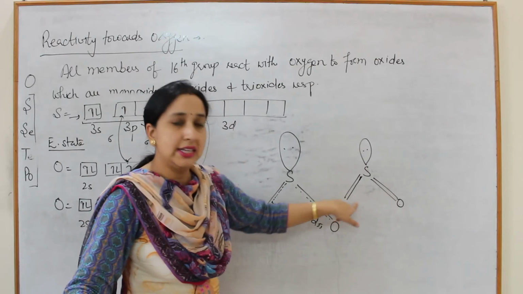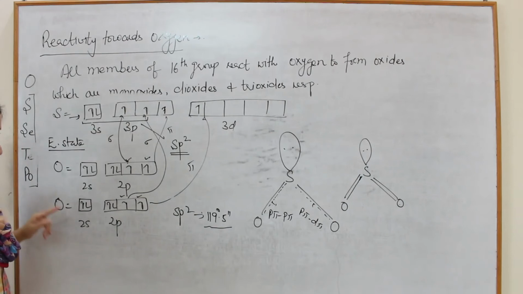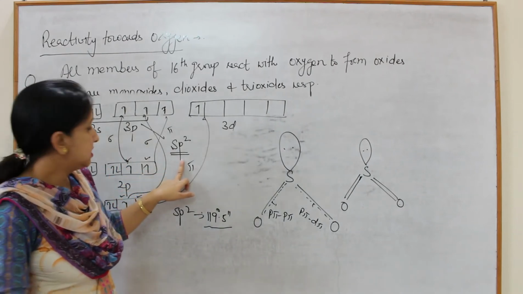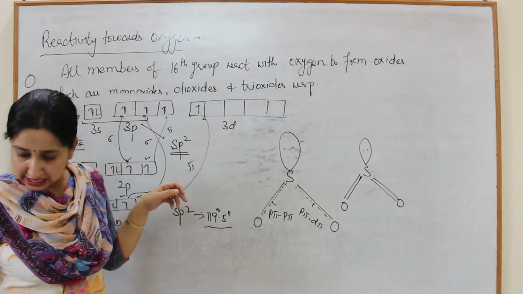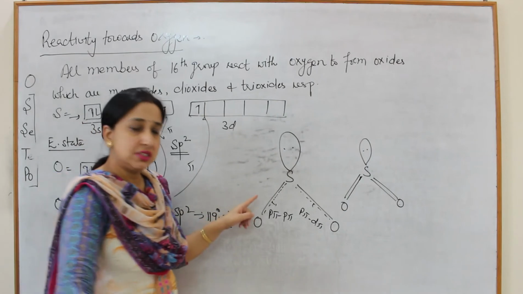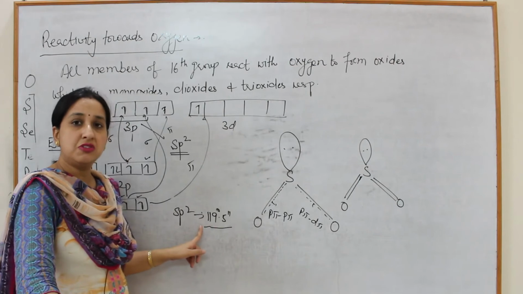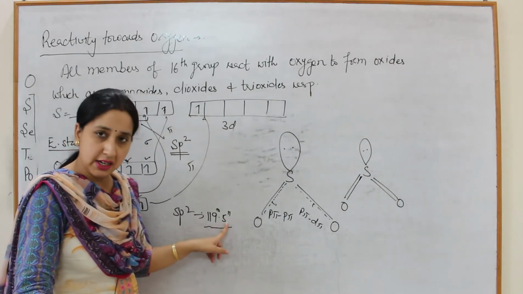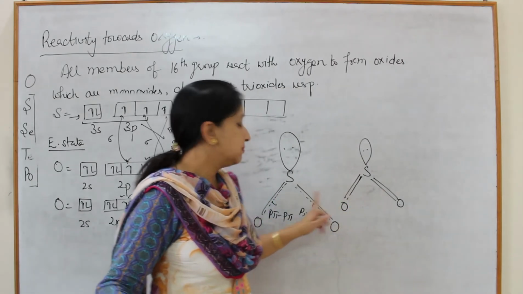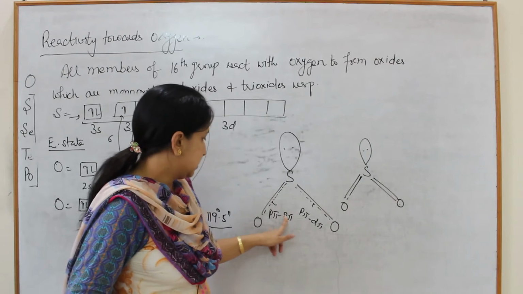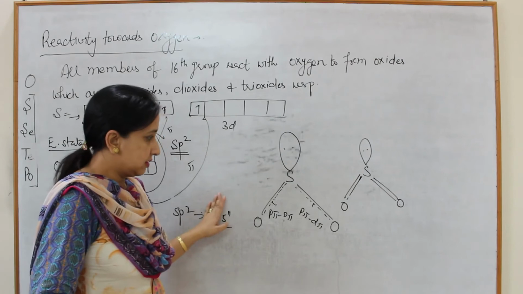So both lengths are same. So this is all about the structure of SO2. In SO2, state of hybridization is sp2. Geometry should be planar, but it is somewhat distorted due to the presence of lone pair. Bond angle is reduced from 120 degree to 119 degree and both pi bonds are of same length. It means there exists a resonance, and sulfur dioxide is gaseous in nature.